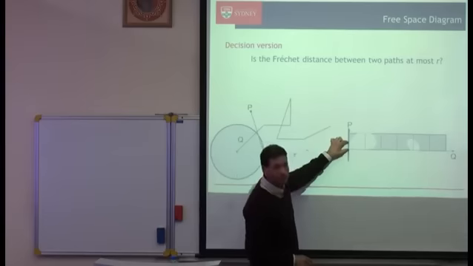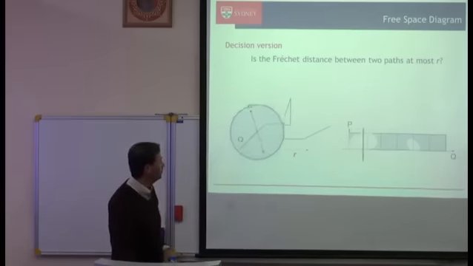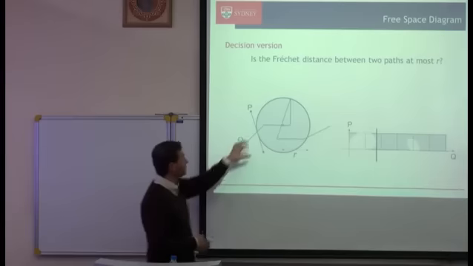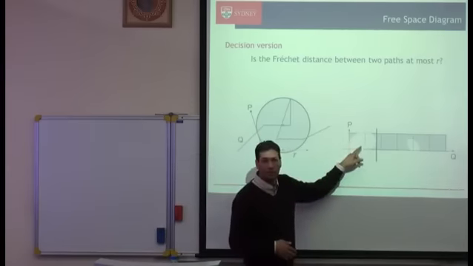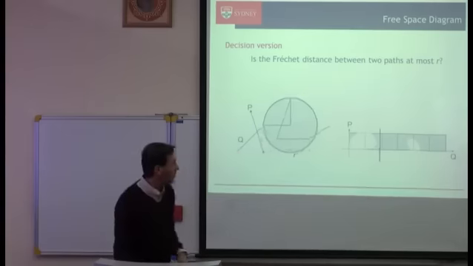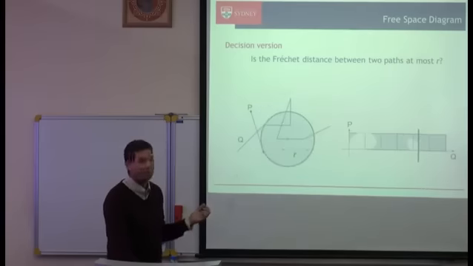Well, it corresponds to this part here. And now we start to move the ball, and we continue until we're not intersecting P anymore, and that creates this white space. We continue the sweep, nothing happens, we have a gray area, and then we hit it again, and we just continue like this.